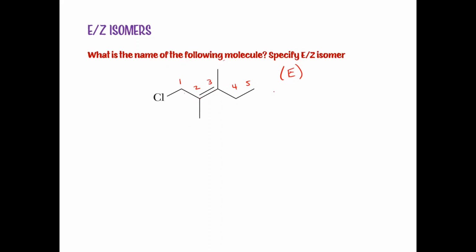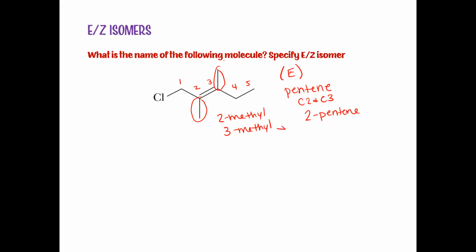So this one, we have 5 carbons with a double bond, or alkene, so that's going to mean it's a pentene. The carbon double bond is at C2 and C3, which means that it's a 2-pentene. We have methyl groups on 2 and 3, so we have a 2-methyl and a 3-methyl, which goes to 2,3-dimethyl.